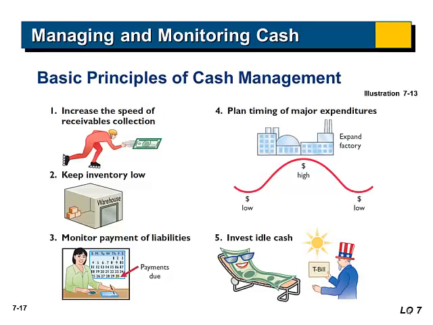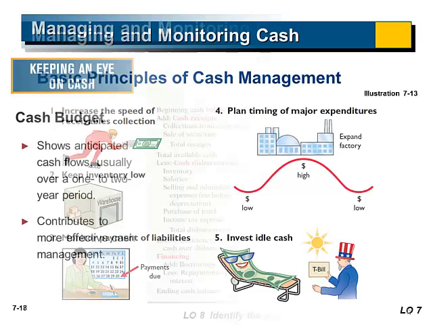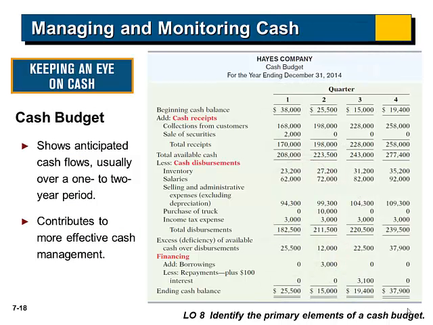Basically, it shows you all of the cash that they think they're going to receive and all of the cash that they think they're going to have to pay out, their cash disbursements. And it gives them an idea of any excess of available cash over their disbursements or any deficiency of cash over their disbursements. And so they can use this cash budget as a prediction as to how they think the cash flows will be in the future.